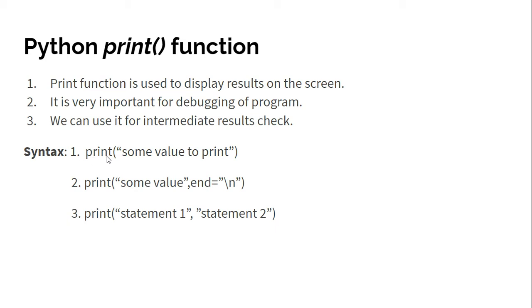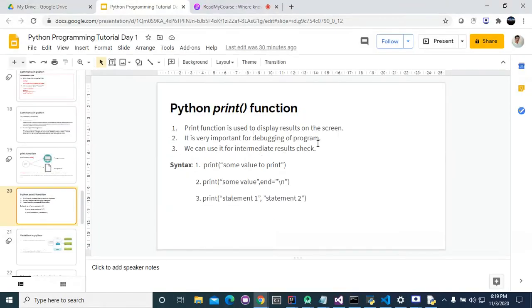Because print is a method, I will explain later what a method is. Just assume that print is a method, and whenever you call any method, you use small brackets. That's why the syntax is print with small brackets, and inside that you write the message inside double quotes.